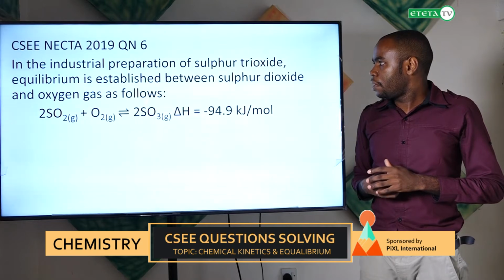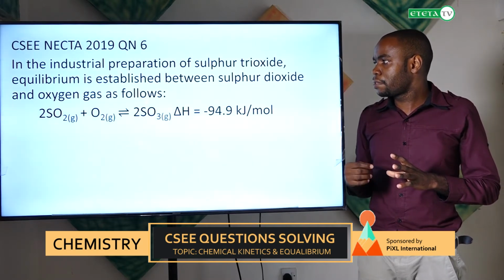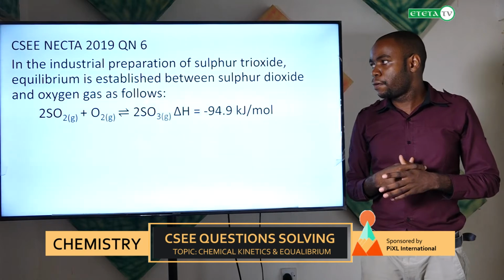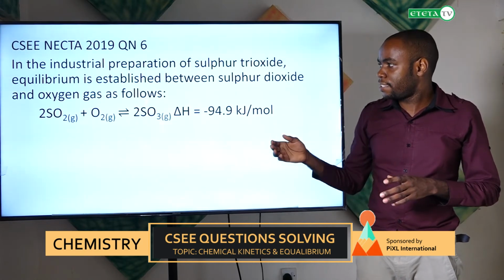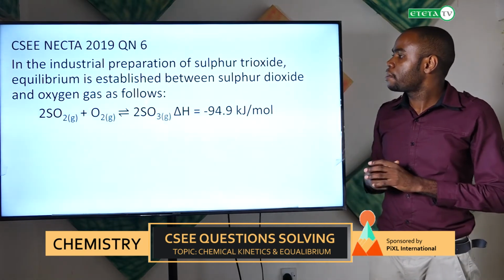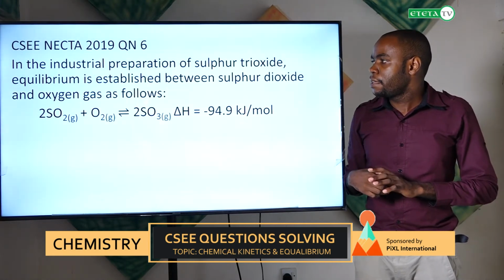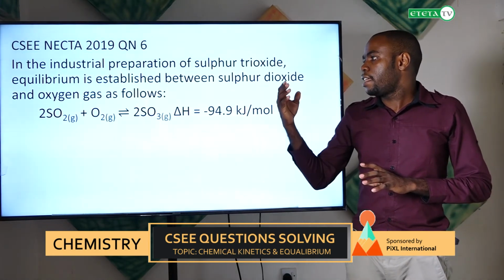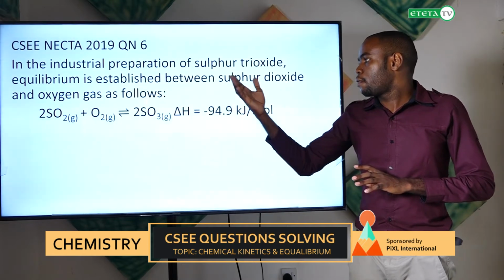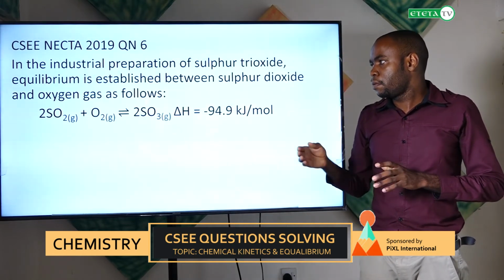Now, for the case of pressure, the pressure goes to the side where the number of moles is less. So for this case, if you increase the pressure, the forward reaction will be favored, because the number of moles of product is less than that of reactant, 2 against 3.